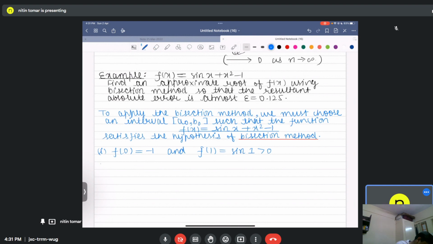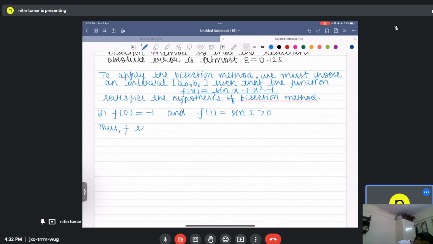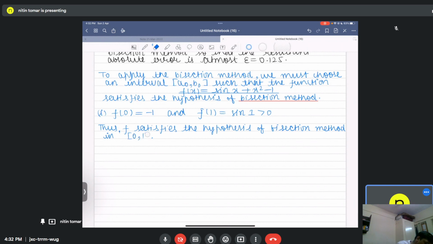Thus f satisfies the hypothesis of the bisection method in the interval [0, 1].